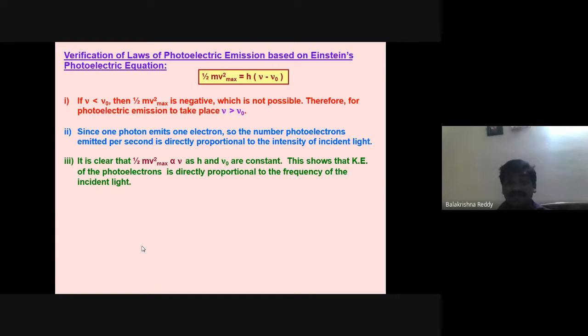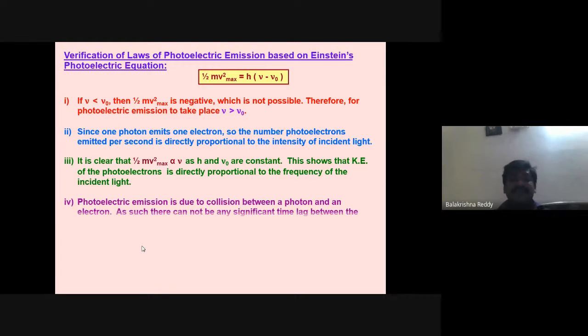This shows that the kinetic energy of photoelectrons is directly proportional to the frequency of the incident light, so it clearly depends on the incident light.